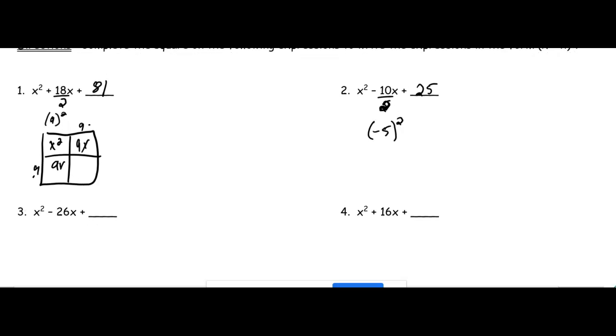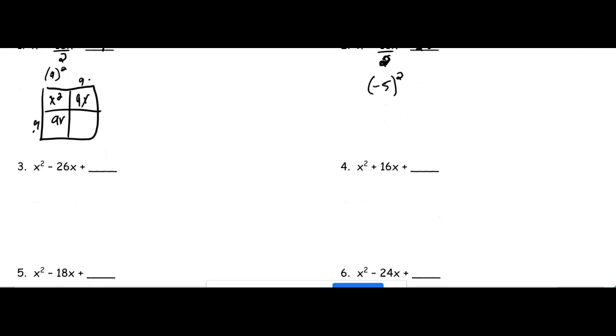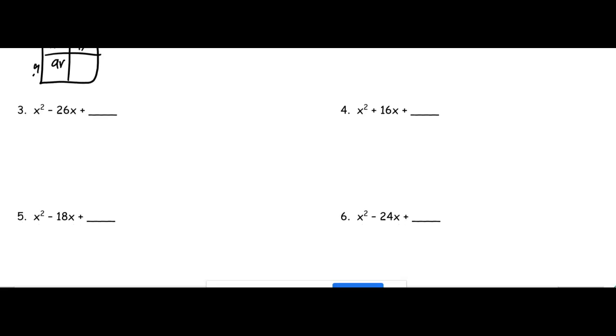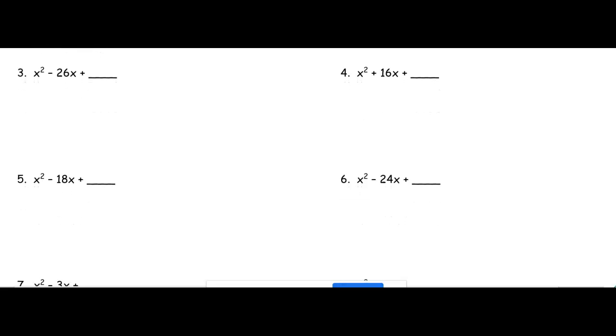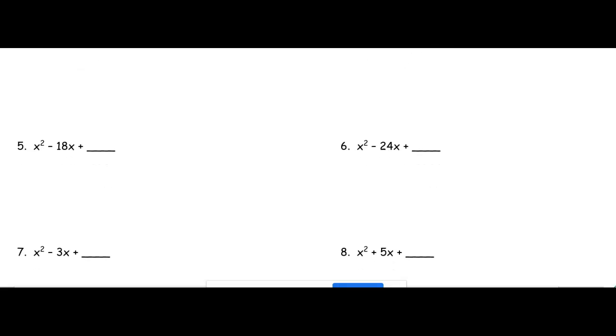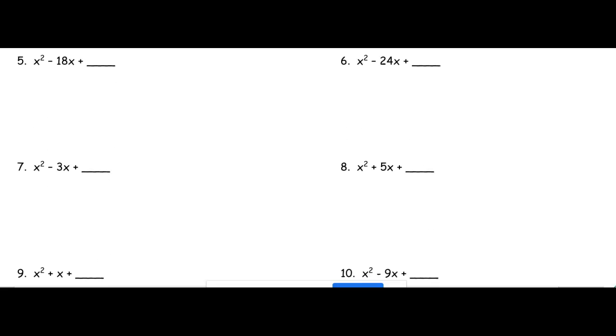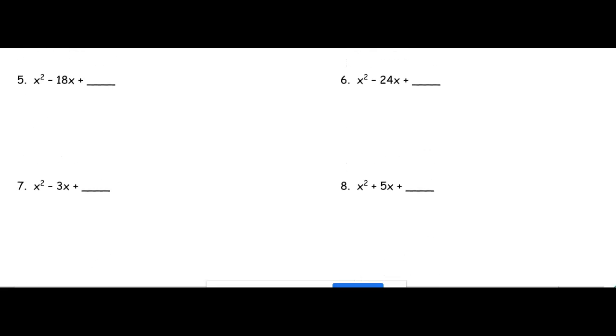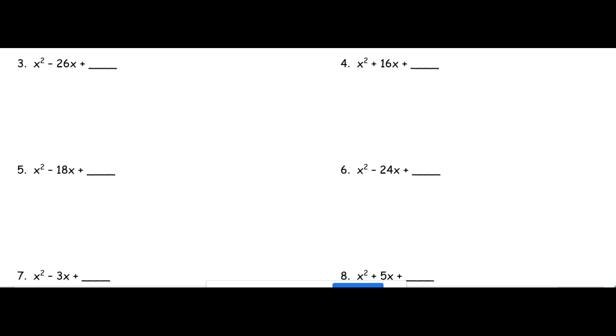Okay, I'm going to give you a minute. Do 3, 4, 5, and 6. Let's see if we're understanding those. If you get them all right, I'll let you out early. Although 7 is a fraction, so maybe and 8. Actually, all the rest of them are fractions.